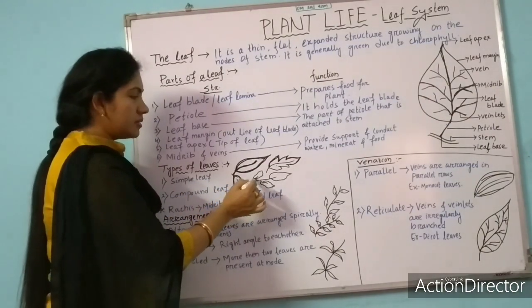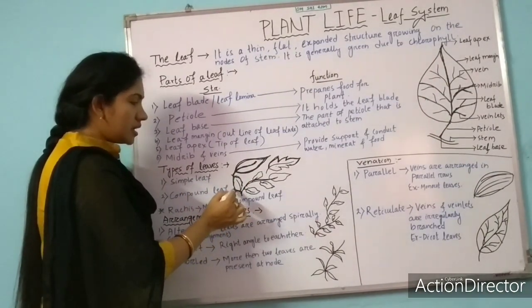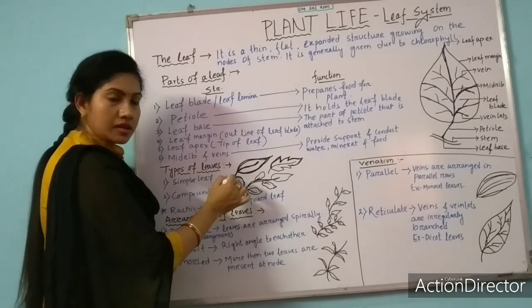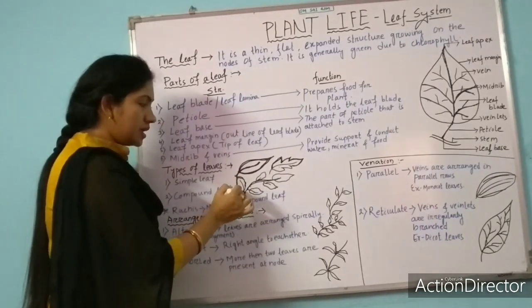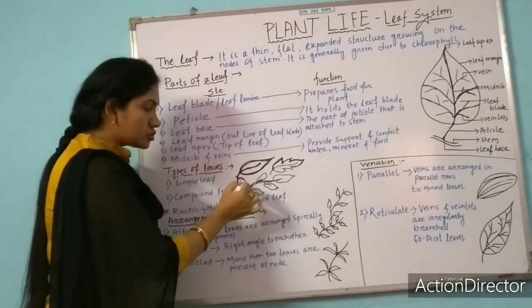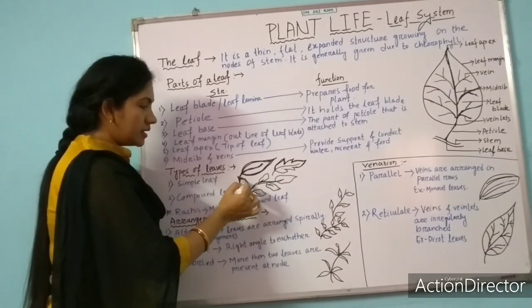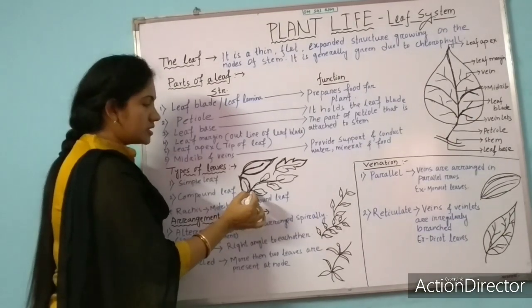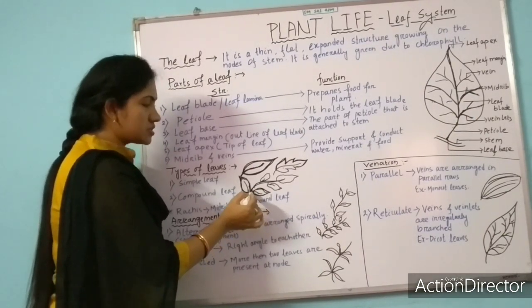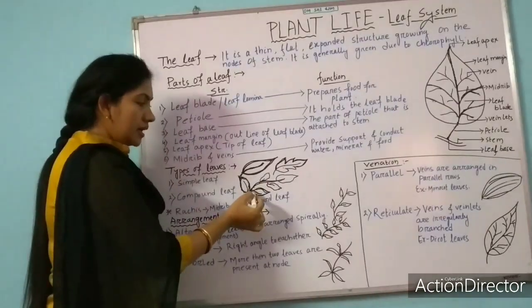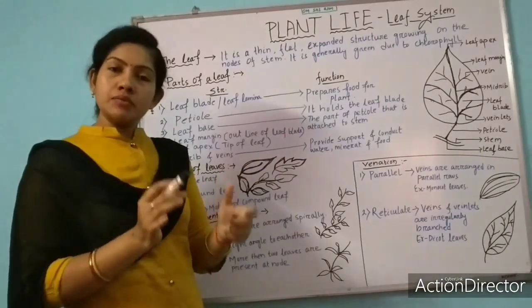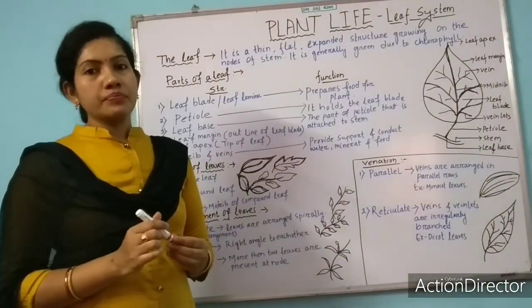This is the midrib, and the leaf margin is divided, and it also touches the midrib. You can see it starts from here and ends here. It starts from here and ends here. So it touches the midrib, then we call it a compound leaf.